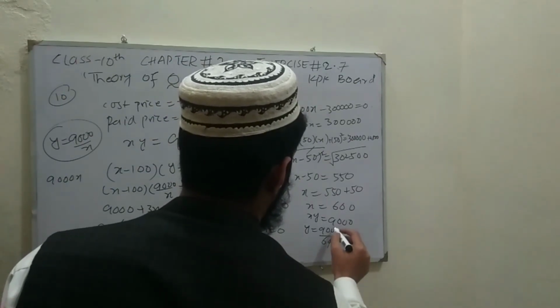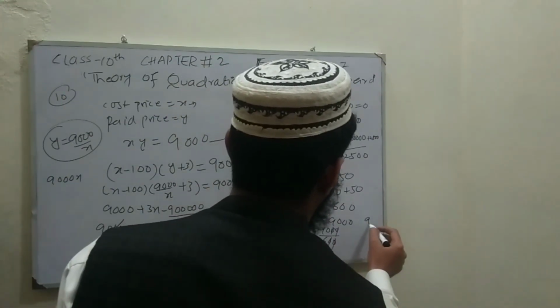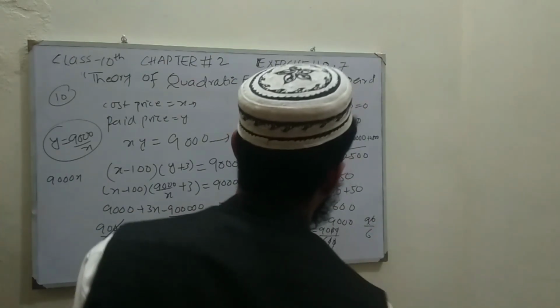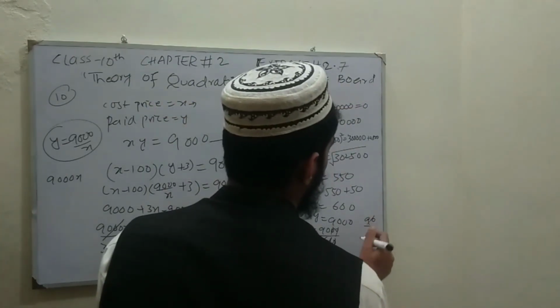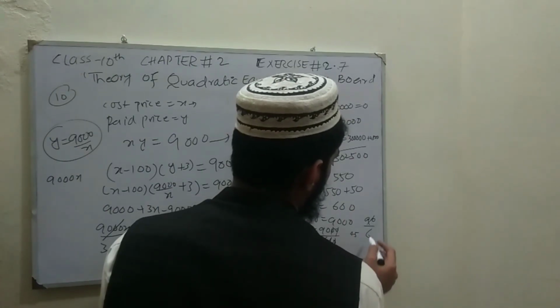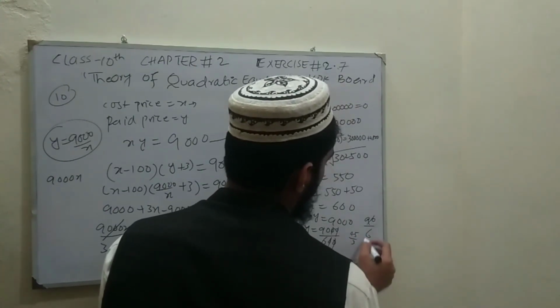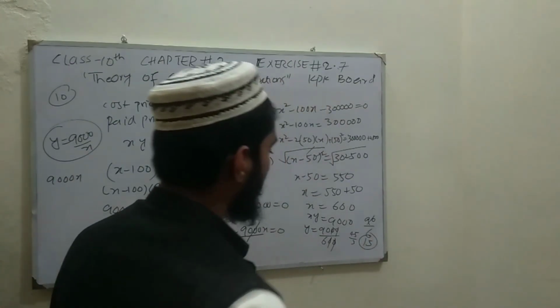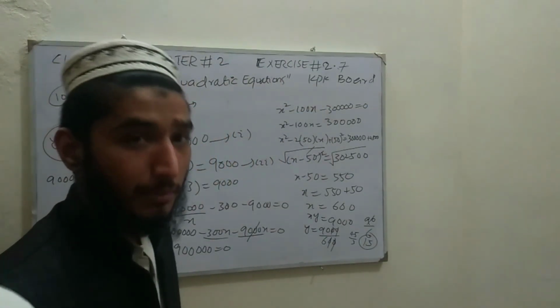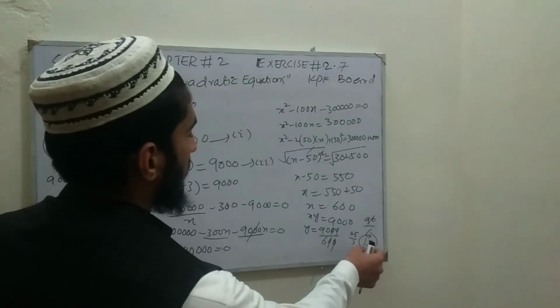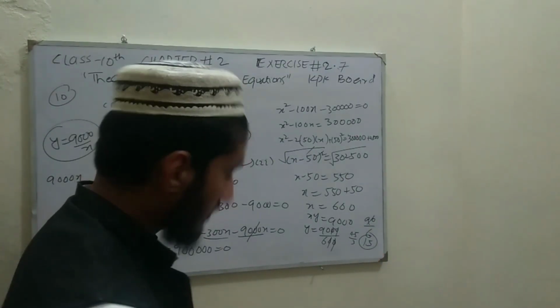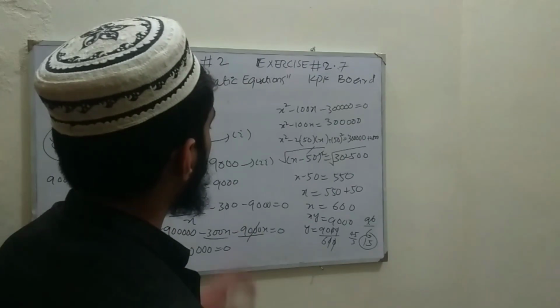Cancelling this 0 with this 0, and 90 divided by 6, divide 90 by 2 gives us 45, and 6 by 2 gives us 3, and 45 divided by 3 gives us 15. So it means the goats bought by the shopkeeper is y equal to 15. So this is our answer to the last question, which is very difficult.